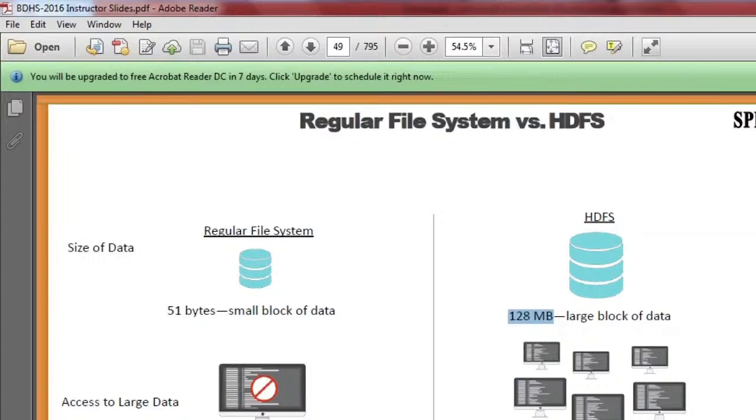But assume HDFS is an abstraction on top of your OS. Instead of calling these OS level APIs, you are calling HDFS APIs, which read a larger block of data. But again, I'm not directly calling the OS level APIs, but HDFS is calling, right? No, HDFS is not calling that.